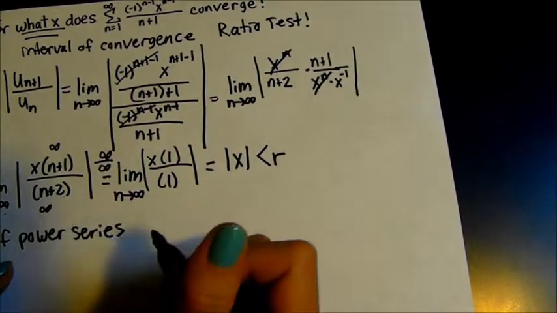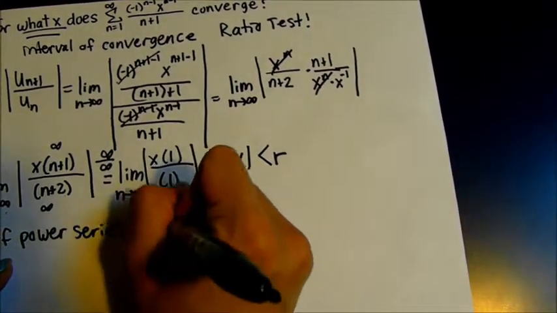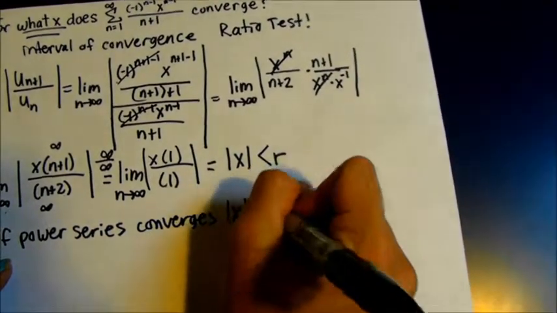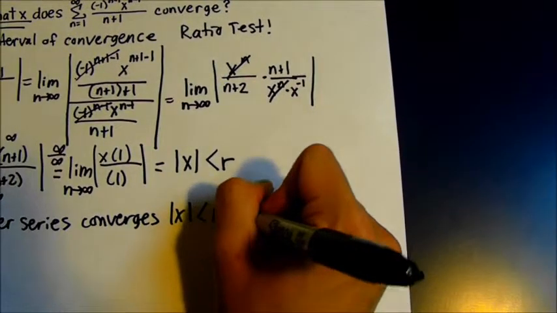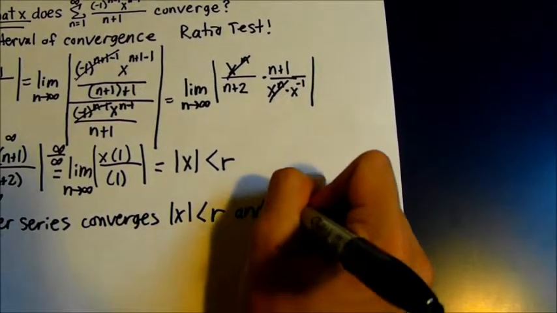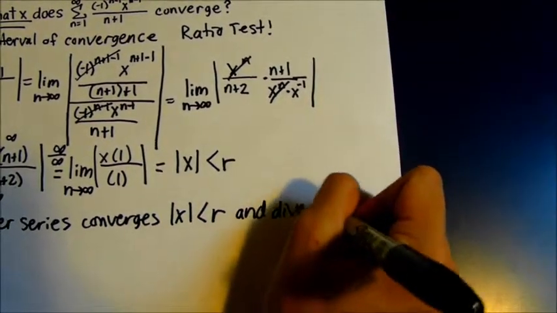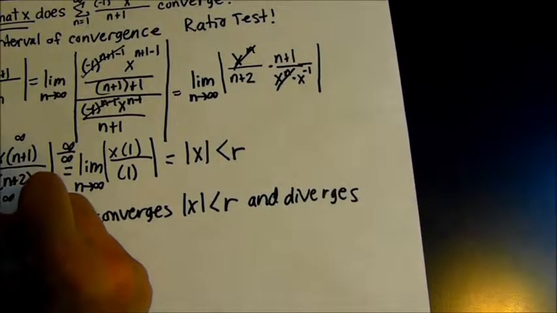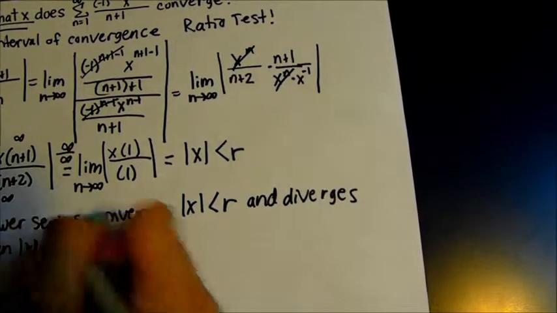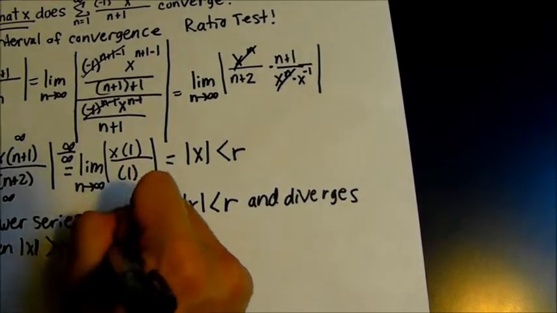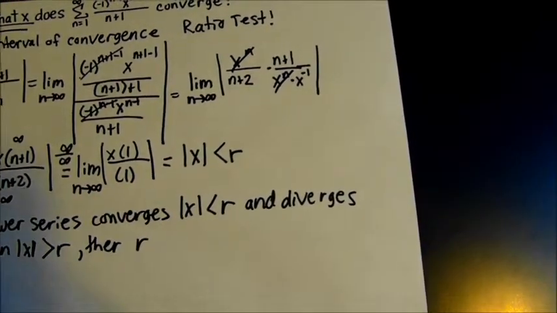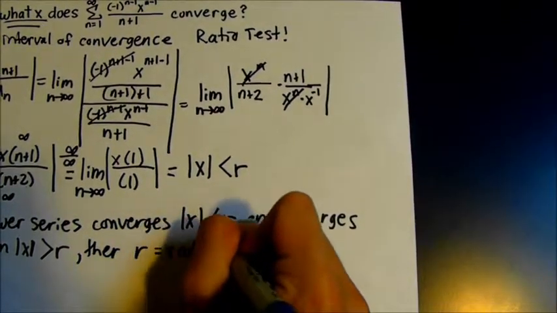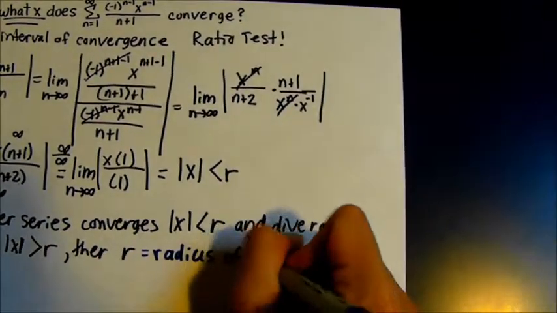And so for your radius of convergence, if your power series converges when the absolute value of x is less than r, and diverges when the absolute value of x is greater than r, then r is going to be your radius of convergence.